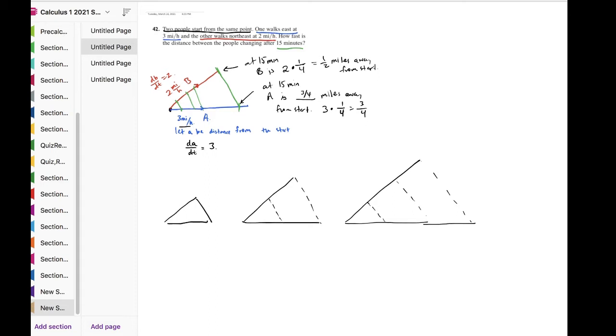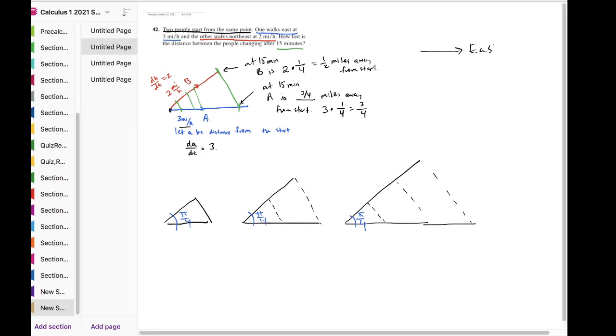Good, yeah, the angle is 45 degrees, or pi over 4. It's always pi over 4. Right, because one is walking east, and one is walking northeast, so that makes a 45-degree angle.